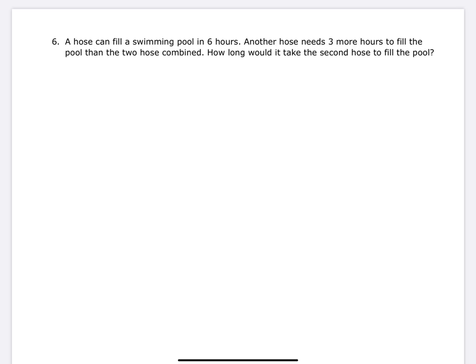It threw me for a loop a little bit, but we got to figure it out. So the way I did this problem is I broke it down into the rate for each hose. Hose number 1 says it can fill the pool in 6 hours.